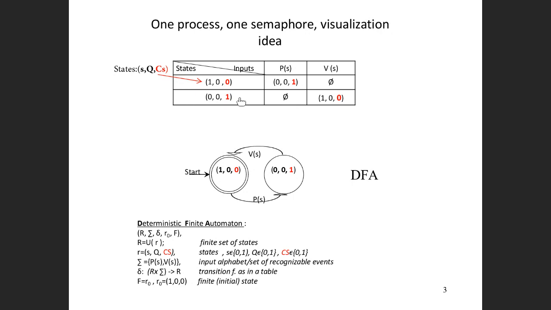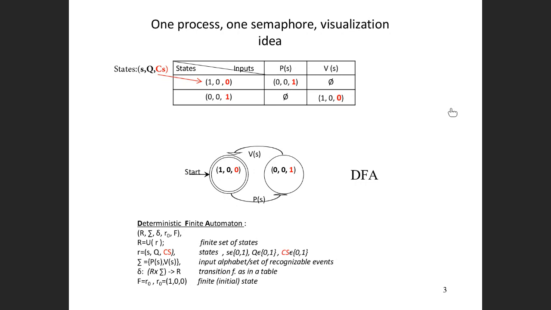States may be 1,0,0, 0,0,1, and inputs are P or V. Let's start with 1,0,0, which means the semaphore is open, there is no queue, there is no process in the critical section.